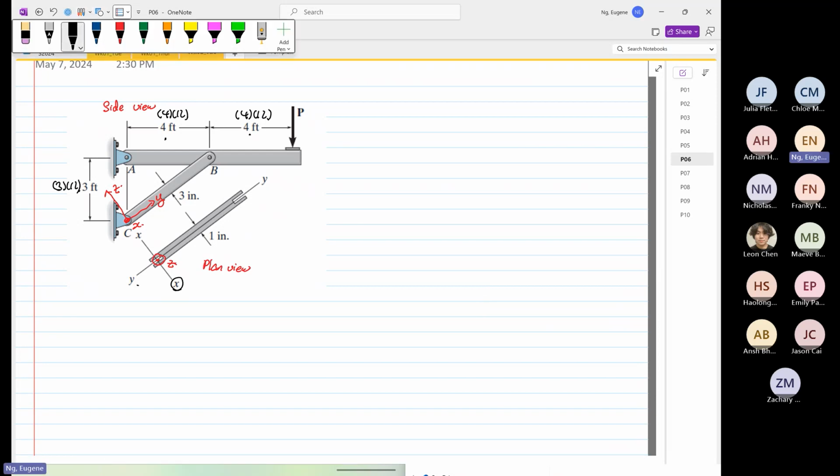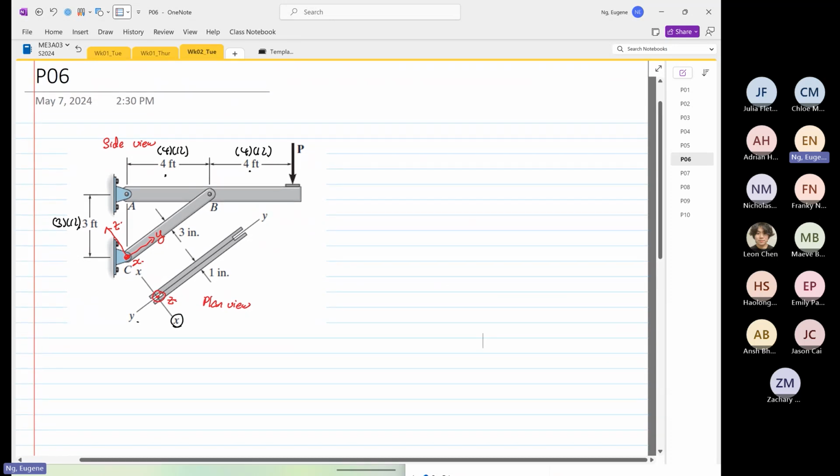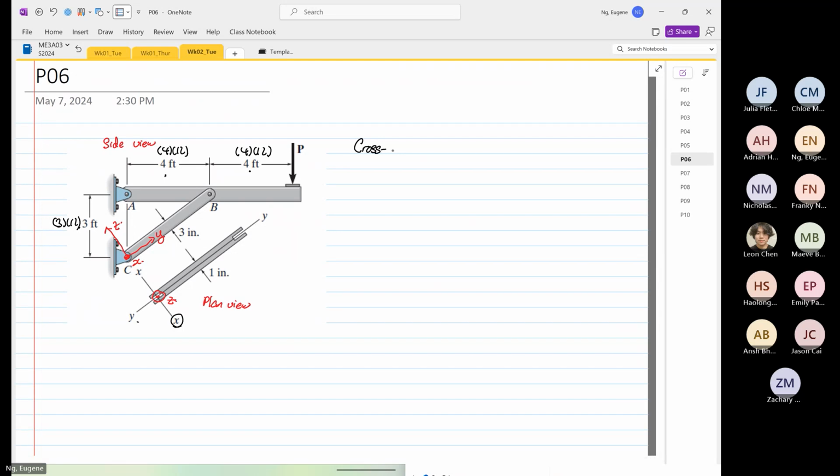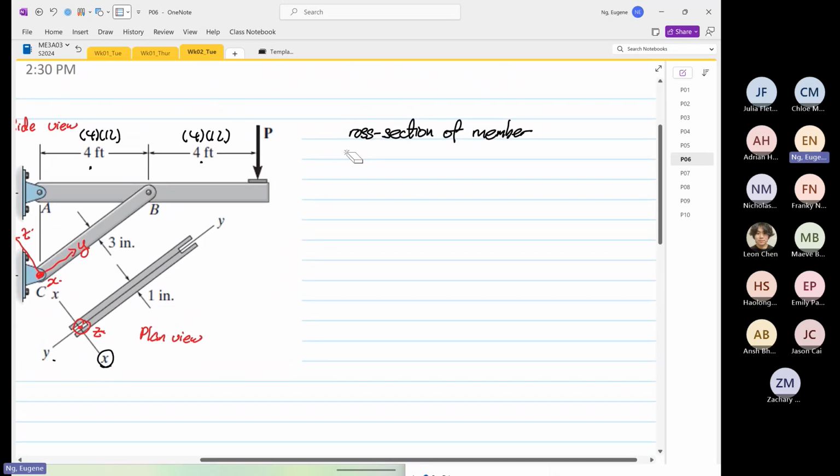Okay, so if we sketch out the cross-section view of member BC. Okay, cross-section, I do apologize.